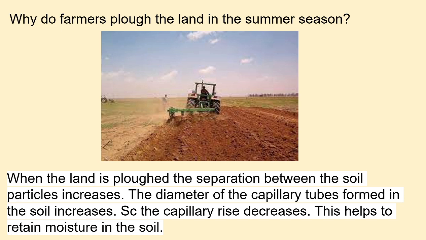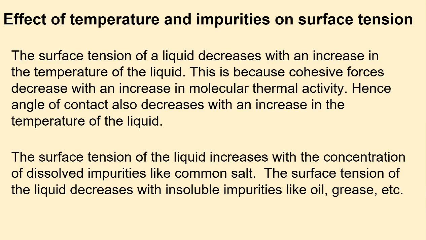And another example: here we have the effect of temperature and impurities on the surface tension. So what will happen if we increase the temperature? Usually in the case of a liquid, the surface tension decreases with the increase in the temperature of the liquid.